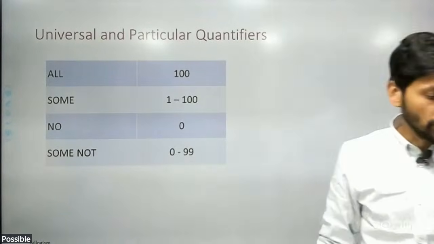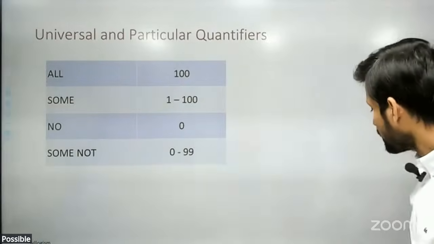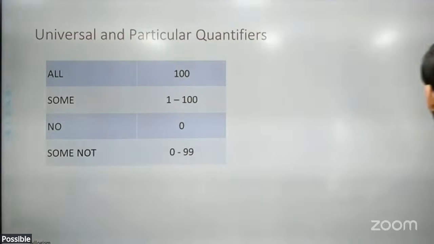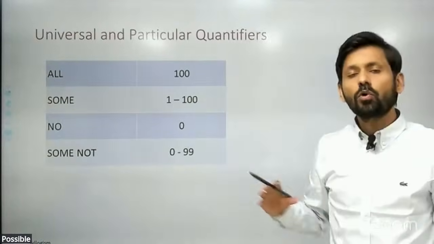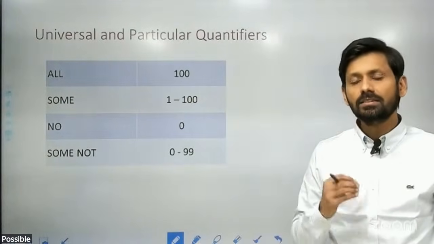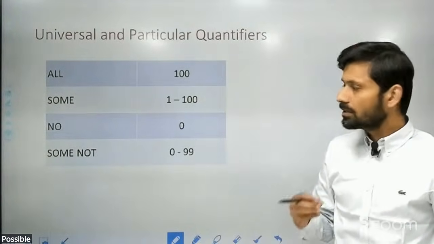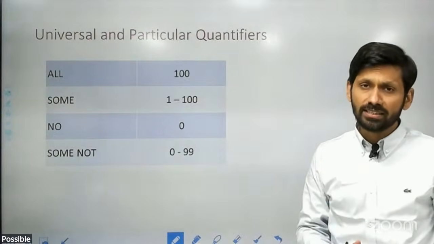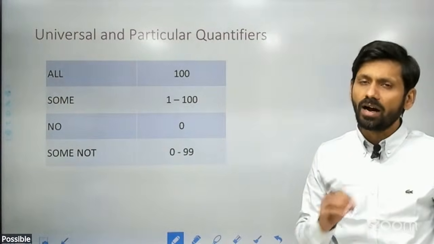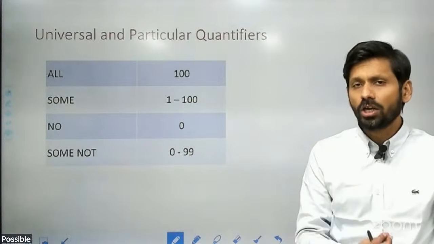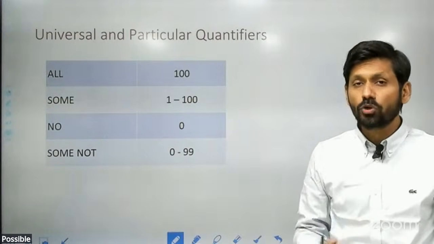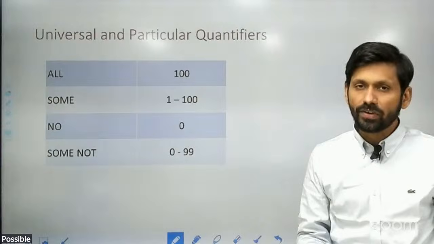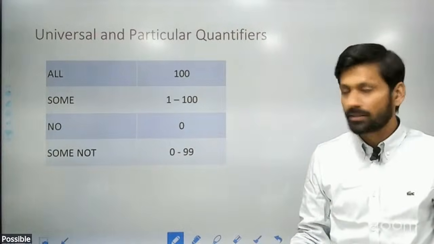All right, before we start off with the Venn diagrams, we'll quickly look at these 4 important words, the 4 standard syllogism words: all, some, no, some not, right? As we already understand, all would mean 100. If I'm saying all S are P, it would mean that all the elements of S are in P, so 100%.